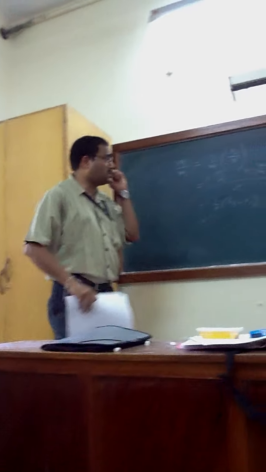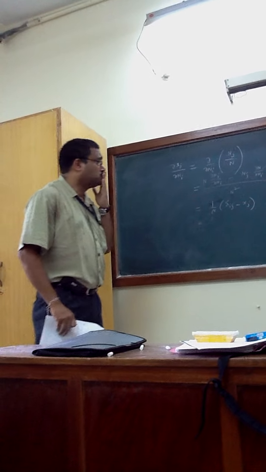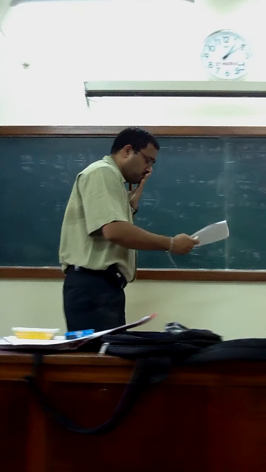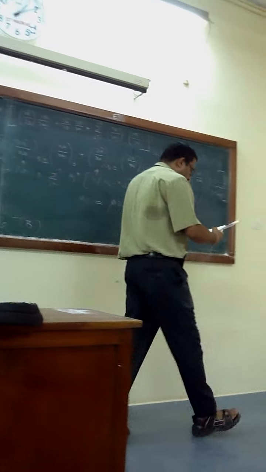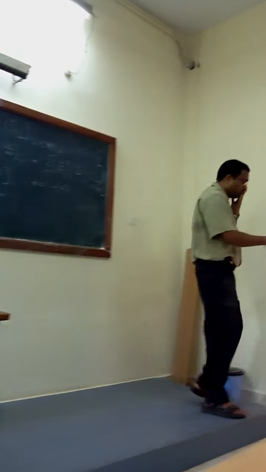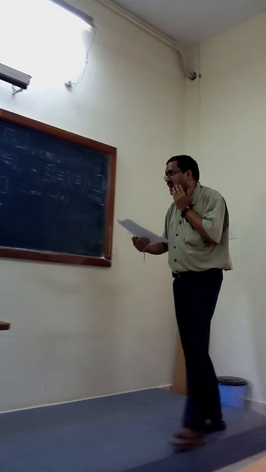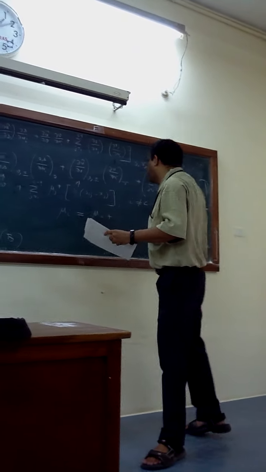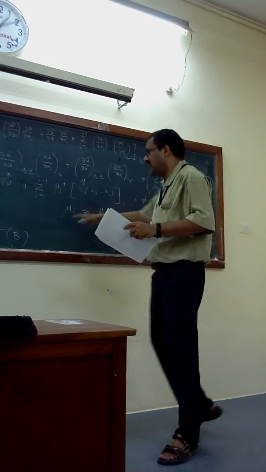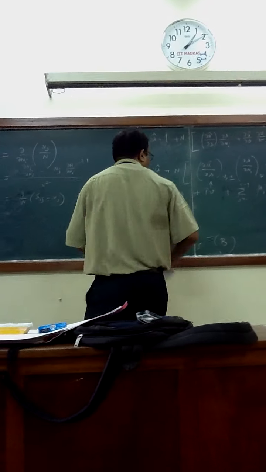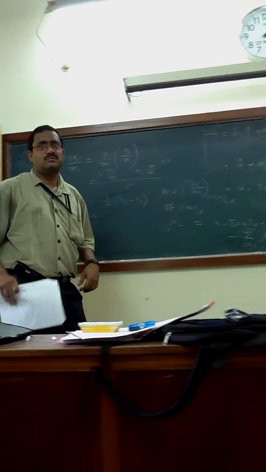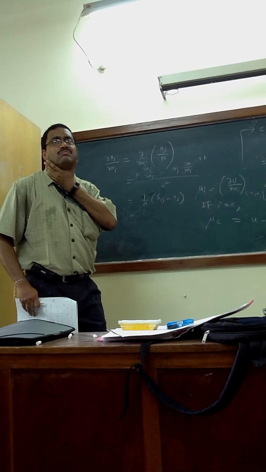Mu C plus, what should I write? Comparing equation A and equation B: equation A is for I equals 1 to C minus 1, this is I equals 1 to C. So mu C plus summation j equals 1 to C minus 1 mu j star into xj.